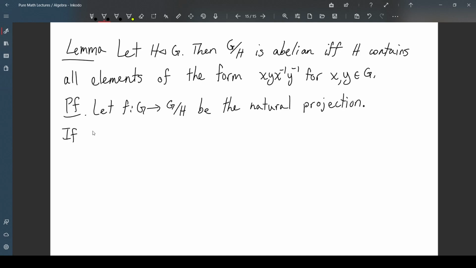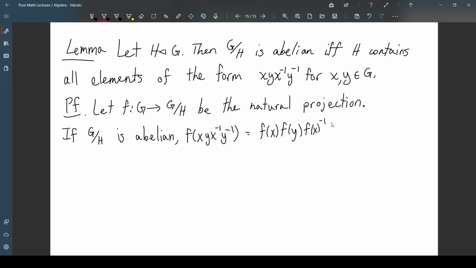If G mod H is abelian, then f of xyx inverse y inverse is equal to f of x, f of y, f of x inverse, f of y inverse. And since all the f of x elements are in G mod H, and G mod H is abelian, we see that these cancel and then these cancel, and so we just get the identity in G mod H, or let me write it as E bar.